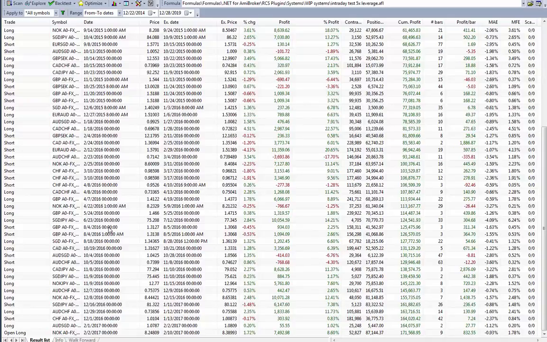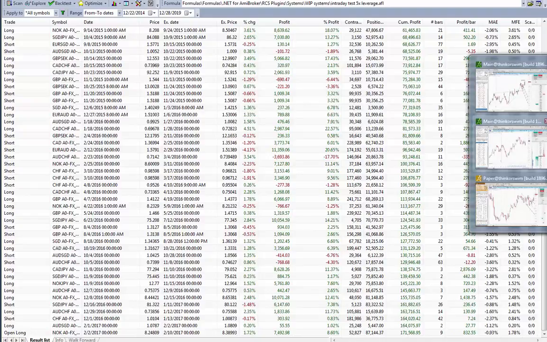Here's one at, I guess it's at midnight and one at 1 a.m. And you can see there are two different values and two different results. Sometimes when you have these trades, they both trigger at the same time when you have two different time frames being used with the same currency pair. Okay, let's move on to something else.